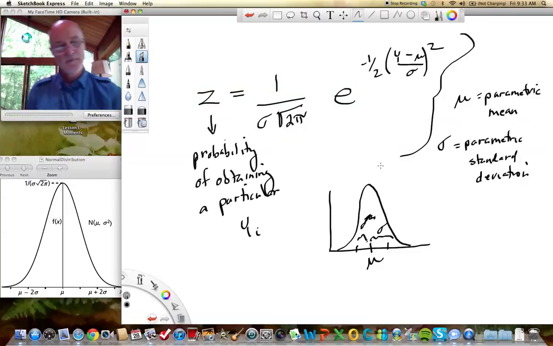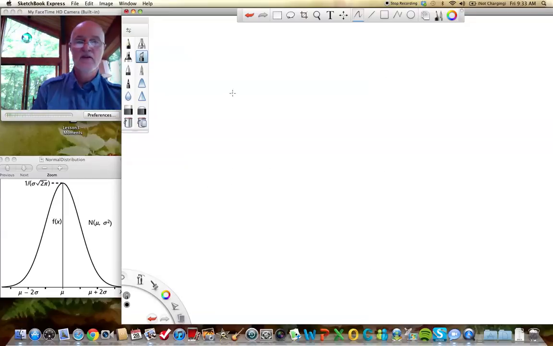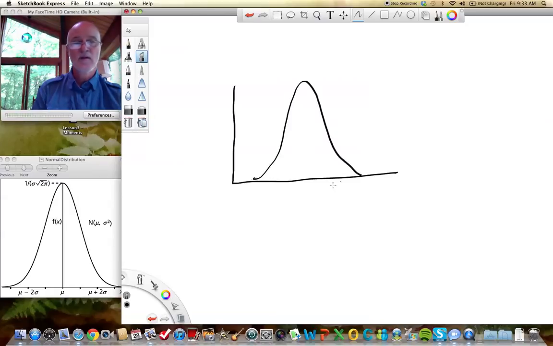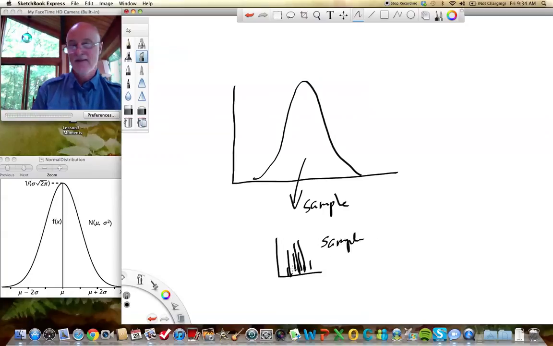Now, why is it important to actually be able to say that something is normally distributed? So, we have this normal distribution, and we're drawing a sample from that parametric population, and we're getting some actual observed distribution, okay? So here's our sample, and it's not going to look perfectly like a bell-shaped curve because it's a sample, right?